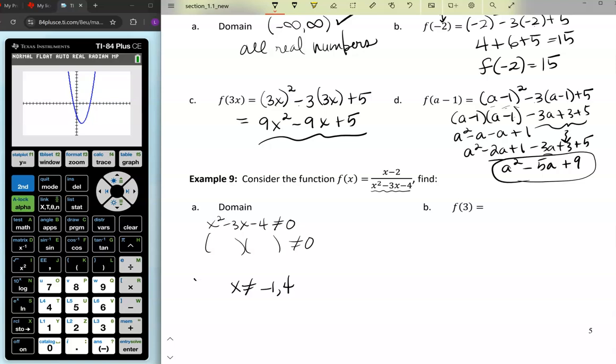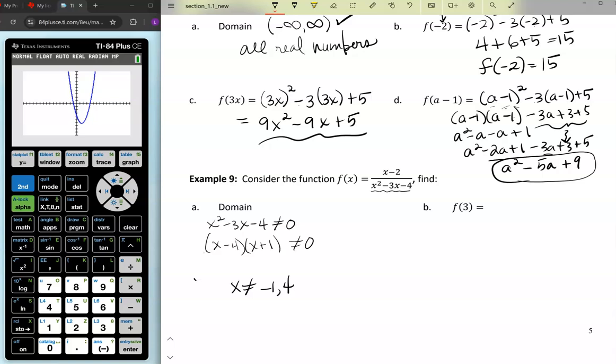-1 and +4. Now, if you want to factor this, the factors of x squared are x and x. We're looking for the factors of 4 that subtract to -3. So we're looking at the factors of 4 that have opposite signs: -4 and +1.